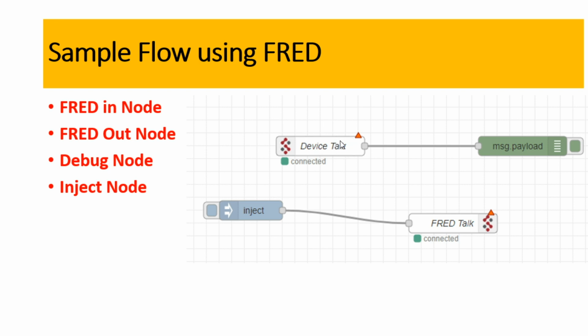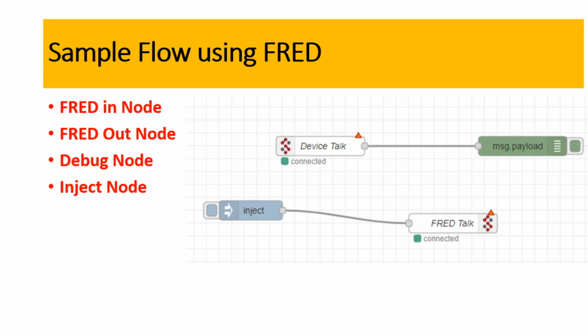This is our FRED output node, this is your FRED input node, this is going to be the debug node, and this will be our inject node. Drag these nodes, place them in the flow, and then connect these nodes as specified here.